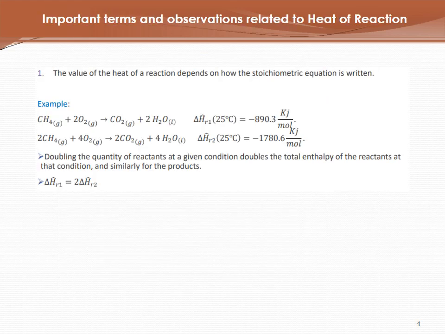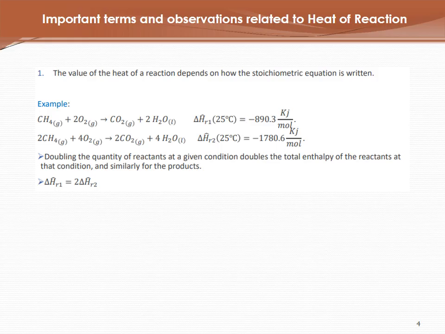Before we go into the heat of reaction method, let's review some important terms and definitions related to the heat of reaction. The first thing I would like to highlight is that the value of heat of reaction depends on the stoichiometric equation and how it is written. For example, here methane is burnt using oxygen. We have 1 mole of methane and 2 moles of oxygen.